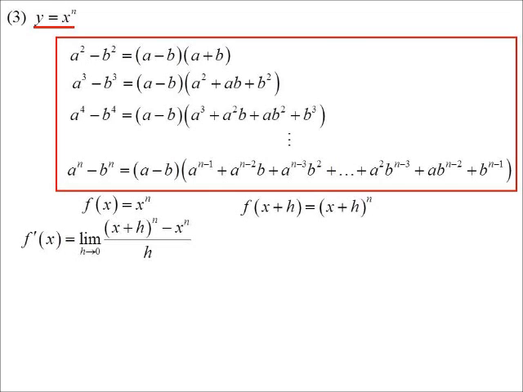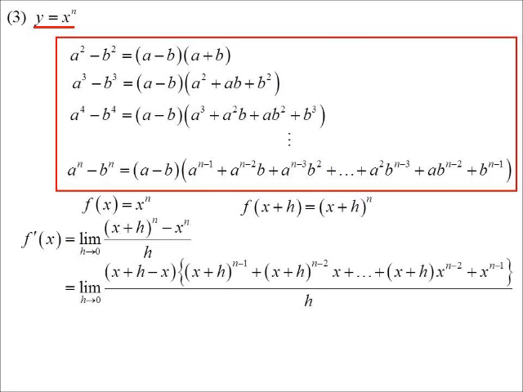So I know that will factorise to be a minus b in the first parenthesis, so x plus h minus x. The powers of a, x plus h, are going down by 1. So n minus 1, then n minus 2, and so on and so on. And the powers of x are going up by 1. So it starts with x to the power of 0, then x to the power of 1. And we keep going until that last one there, x to the power of n minus 1.